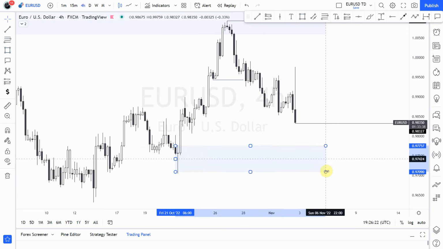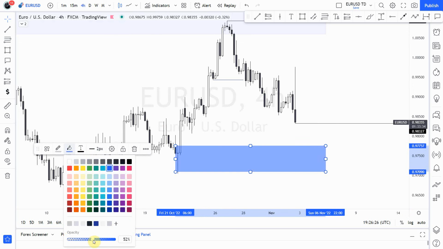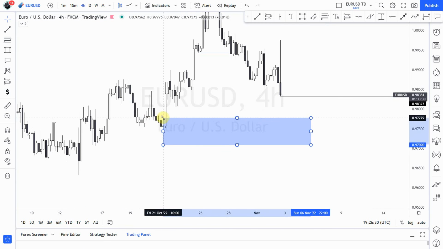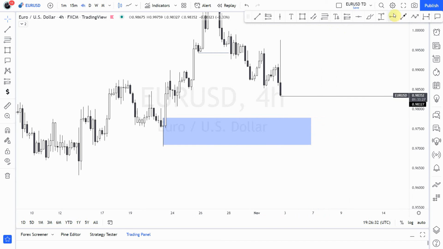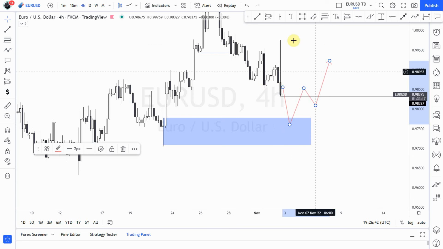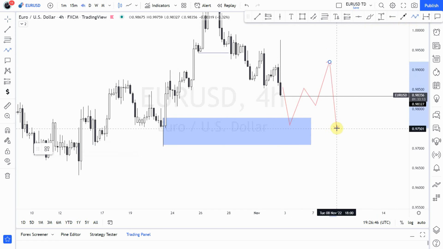Obviously there's this, I'm not sure if you can see it. I'll try and make it a little bit bold. We have this significant demand zone where I'm expecting price to reject from, and maybe from here we can pull back to any area within this zone with aim to continue the bearish move.